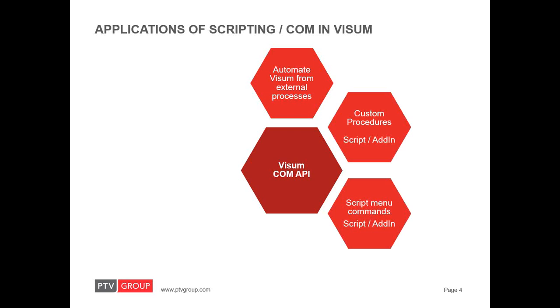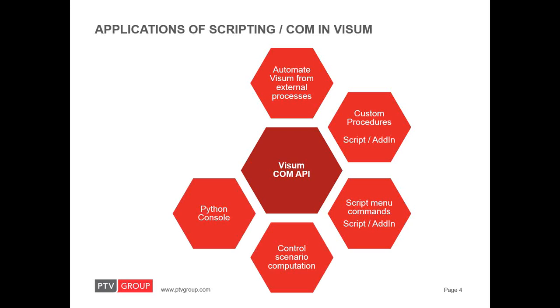You can create custom script commands available through the Visum menu. And there are also possibilities to use scripting for controlling scenario computation. There's even a small Python console, so you can directly control Visum through commands typed into a console interface. For those two later parts, we won't have examples today, but the other ones are all shown today.